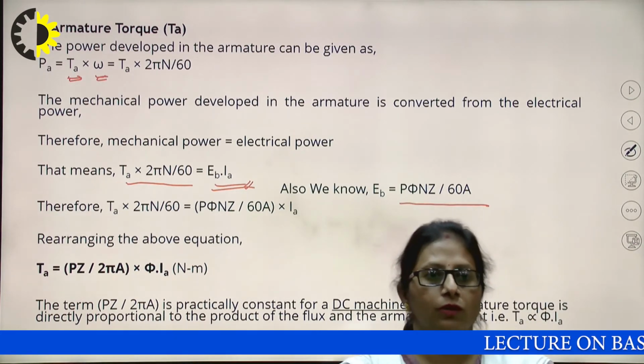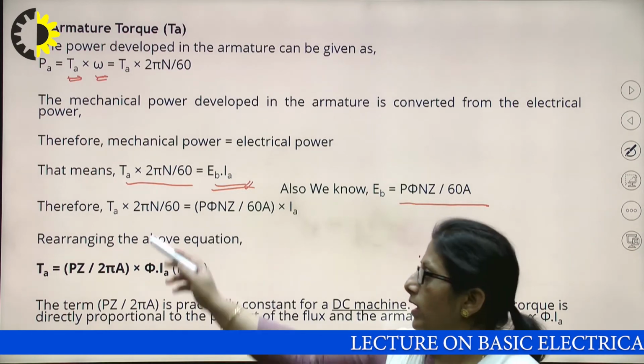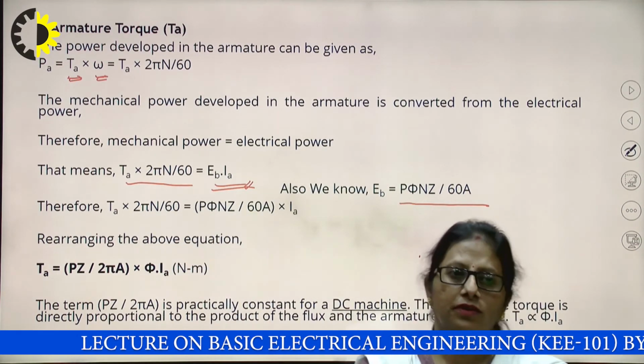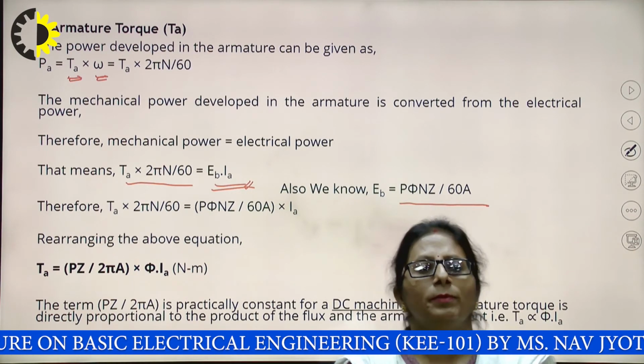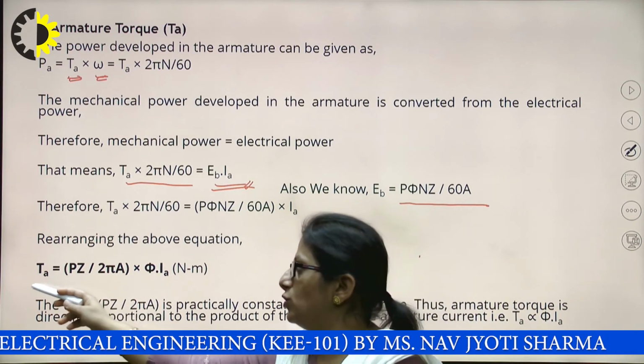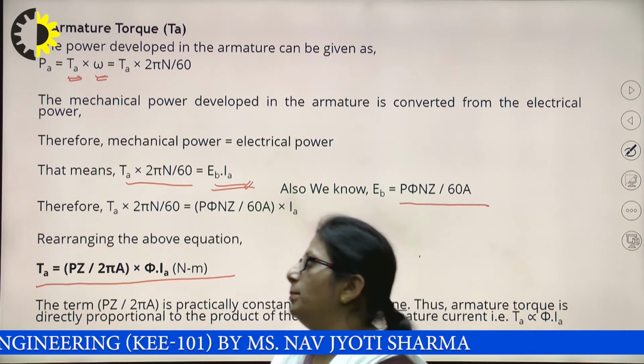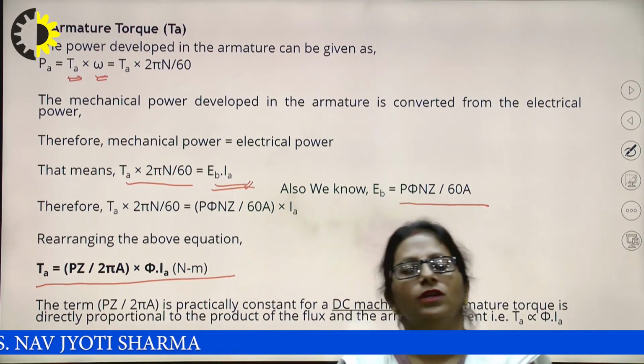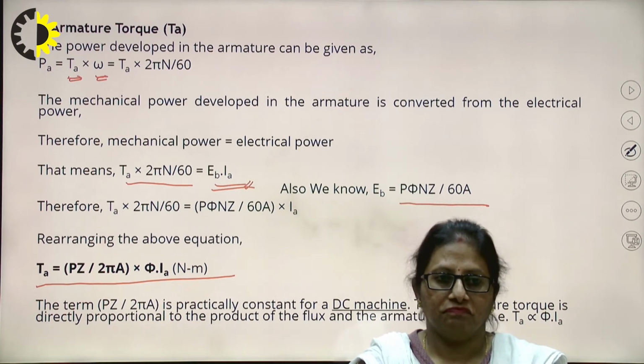Substituting for all those, tau A into 2 pi N by 60 equals phi P Z N by 60A into the armature current. Rearranging, the torque can be given as P Z by 2 pi A into phi into Ia newton meters.